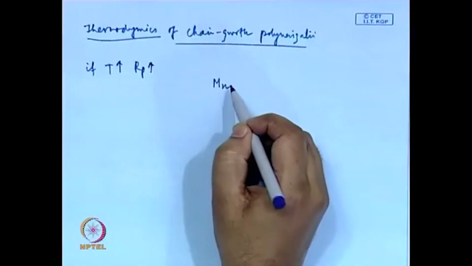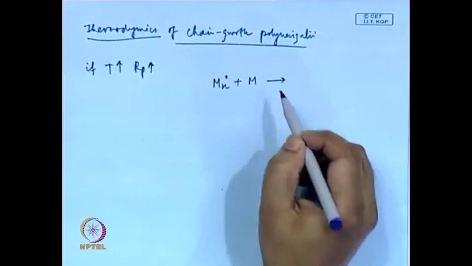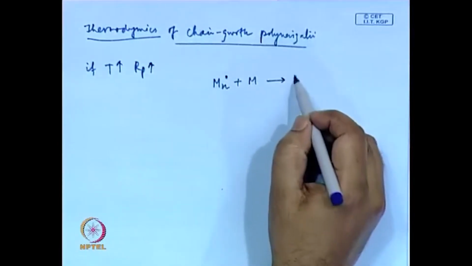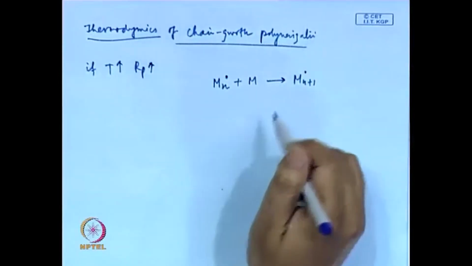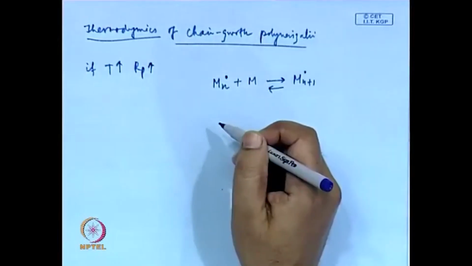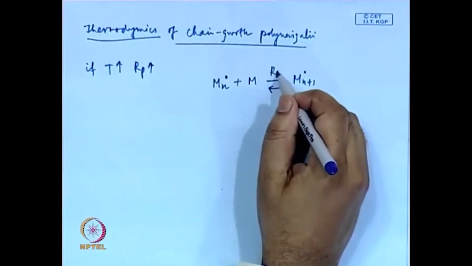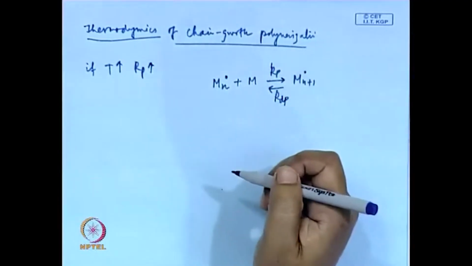The answer is no, because in this case we have only considered the forward reaction. We are talking about the propagation reaction, whereas there could be a backward reaction, the depropagation reaction as well. This is Kp and this is Kdp, depropagation reaction.